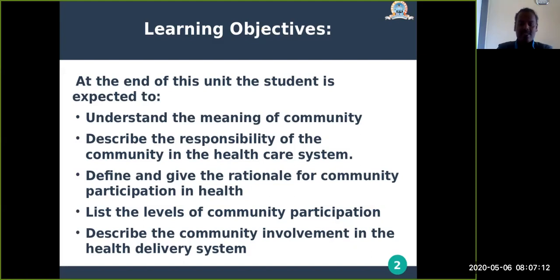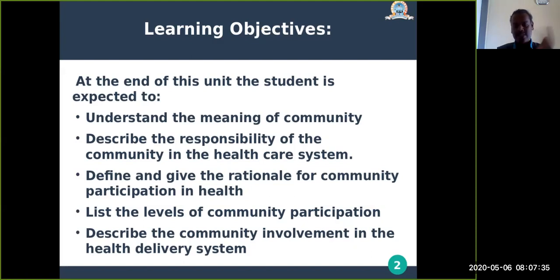Then the levels of community participation. There are different levels of community participation. After finishing the session, you are going to list the levels. Whether you are going to allow everything, or only limited participation, or take them as beneficiaries, or take them as stakeholders, or you are just passing information to the community.